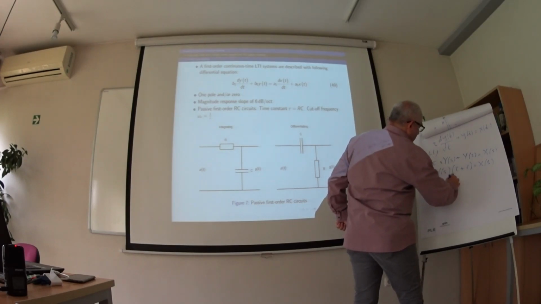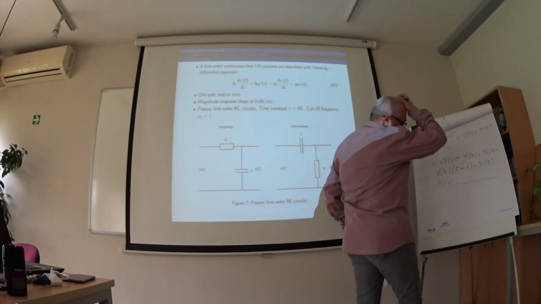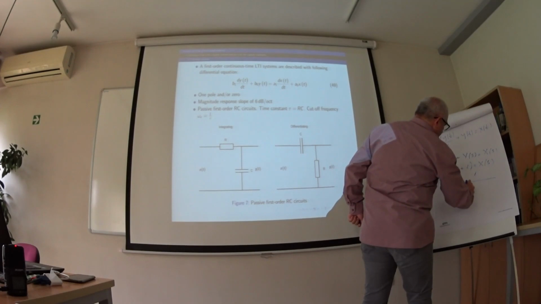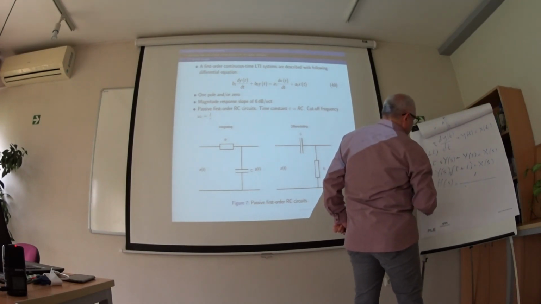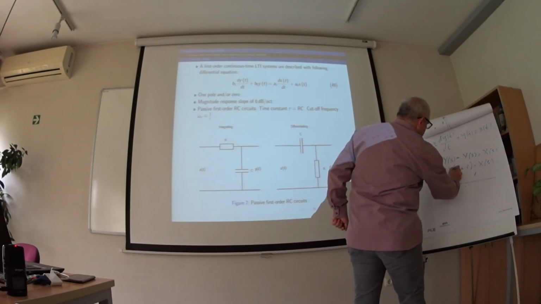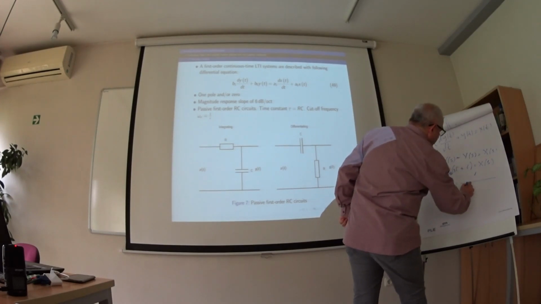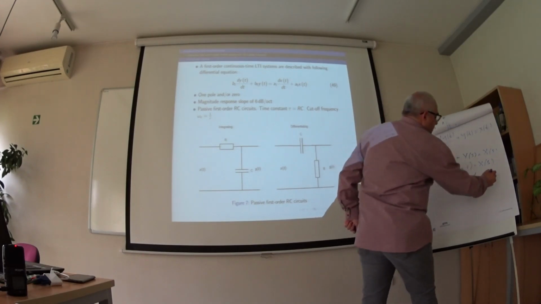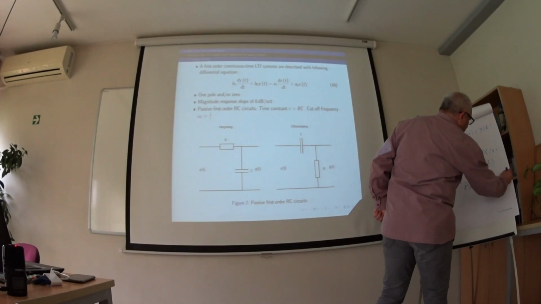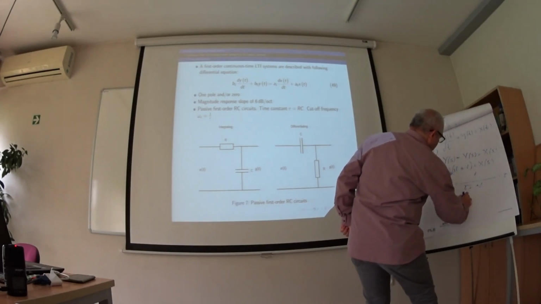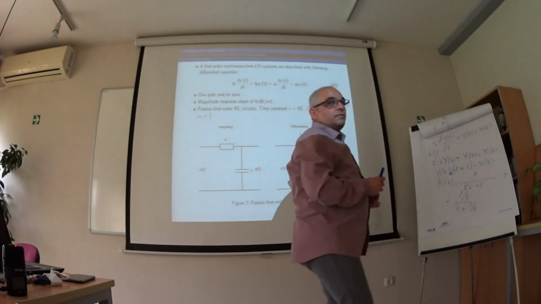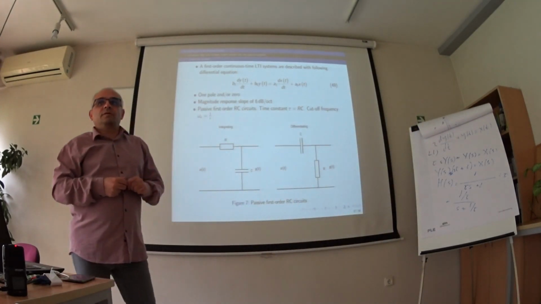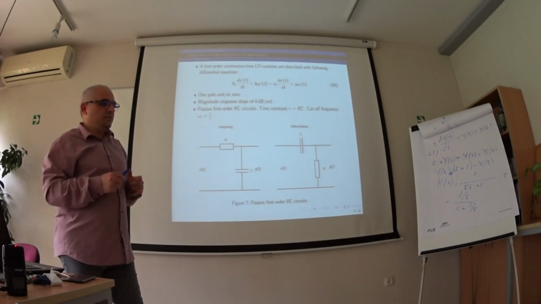The transfer function is 1 over, I forget about this s here, tau times s plus 1, I can divide by tau, and so 1 over tau over s plus 1 over tau. Very easy way to find the transfer function.